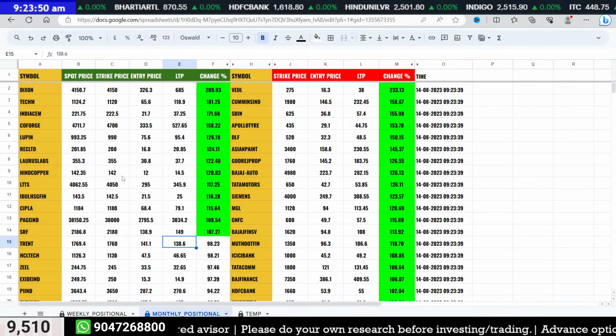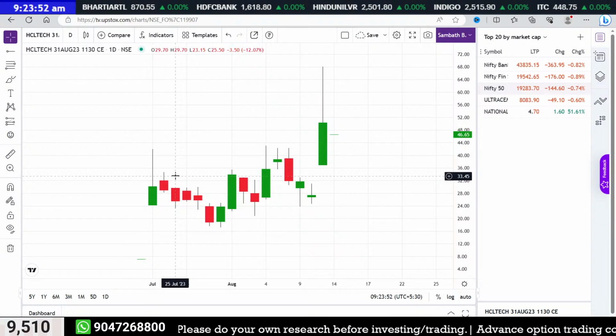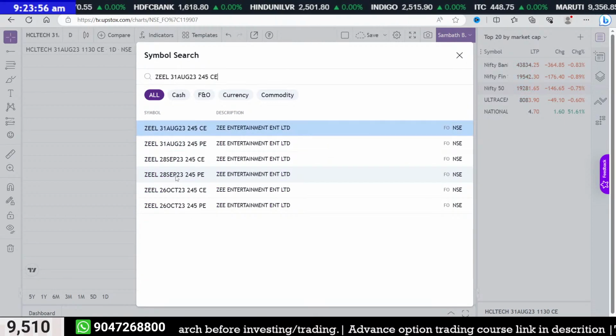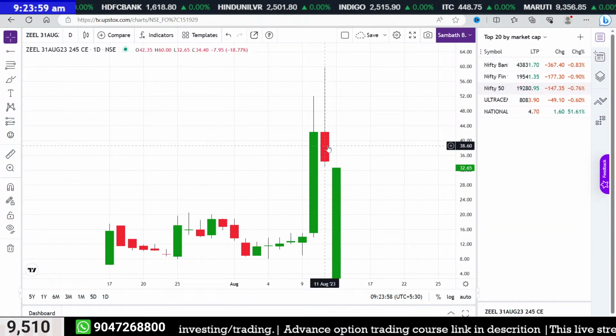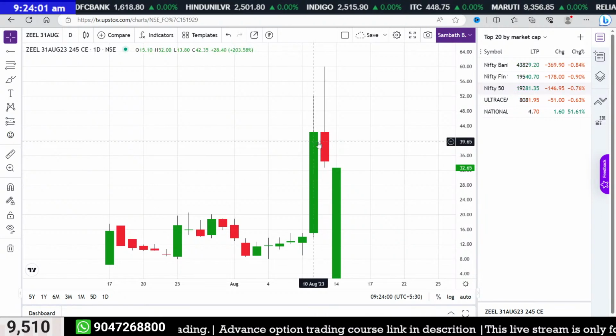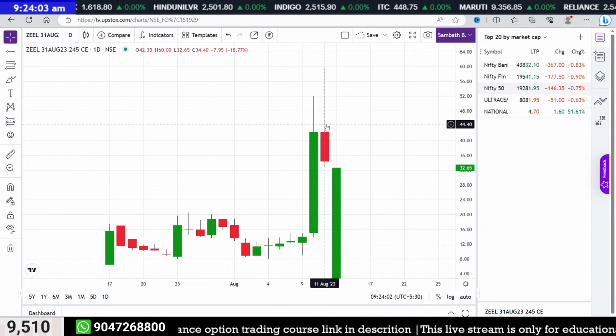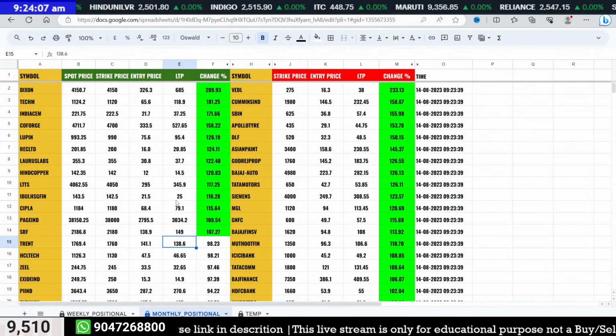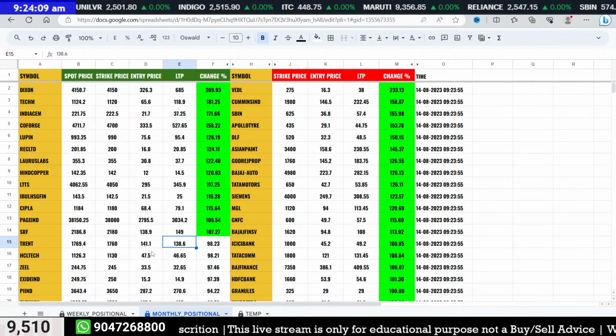So if you are tracking our sheet, ZL 245 call option, I think that is also a previous entry. Okay, I think it went up to 60, such a big move. Okay, ZL I think already achieved our target.